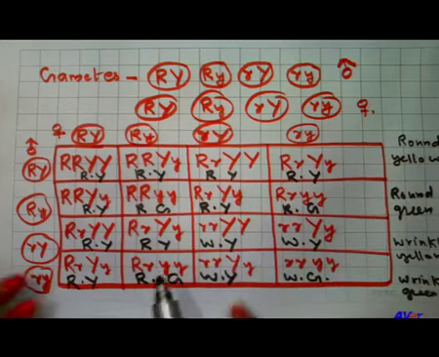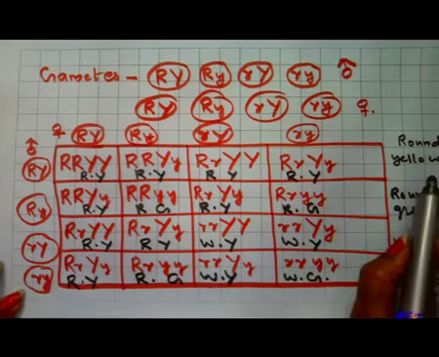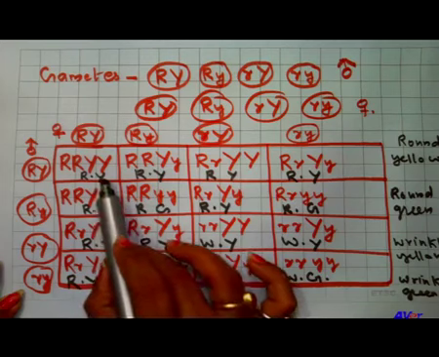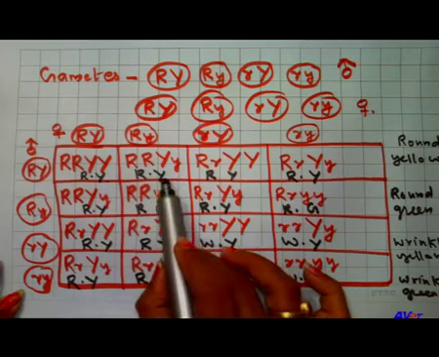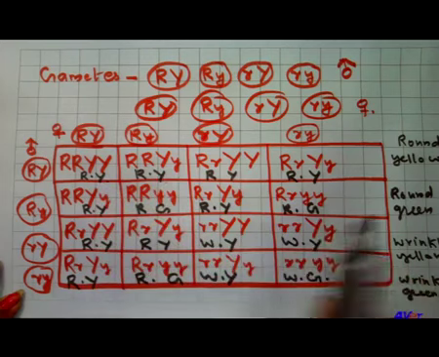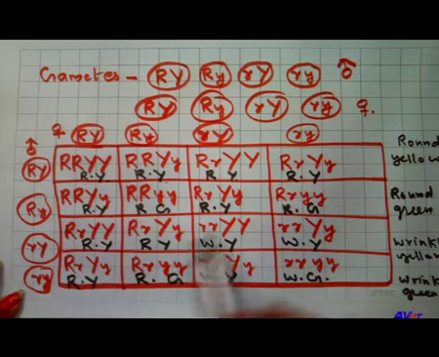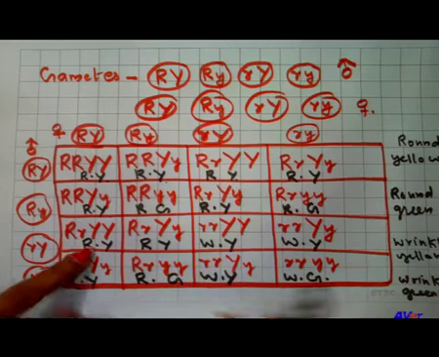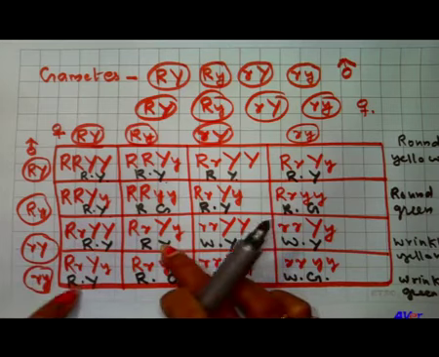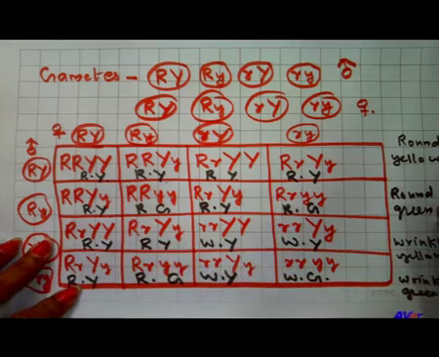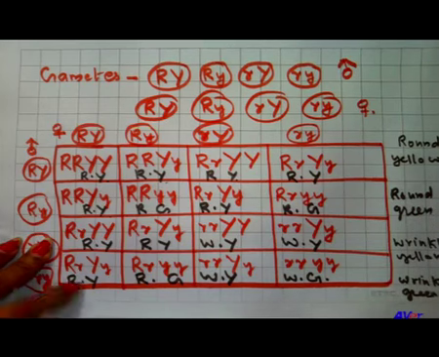Now, count the number of round yellow progenies here. 1, 2, 3, 4, 5, 6, 7, 8 and 9. So, round yellow you will get 9 individuals.